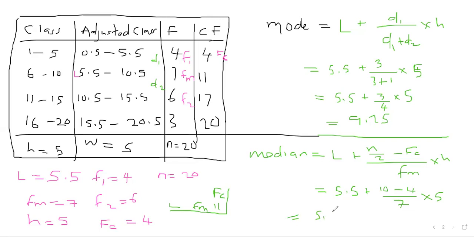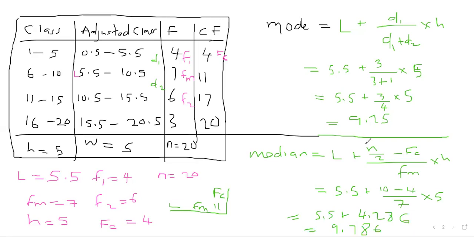So 5.5 plus 4.286, when you add 5.5, you're going to get 9.79. That is how we find the median.